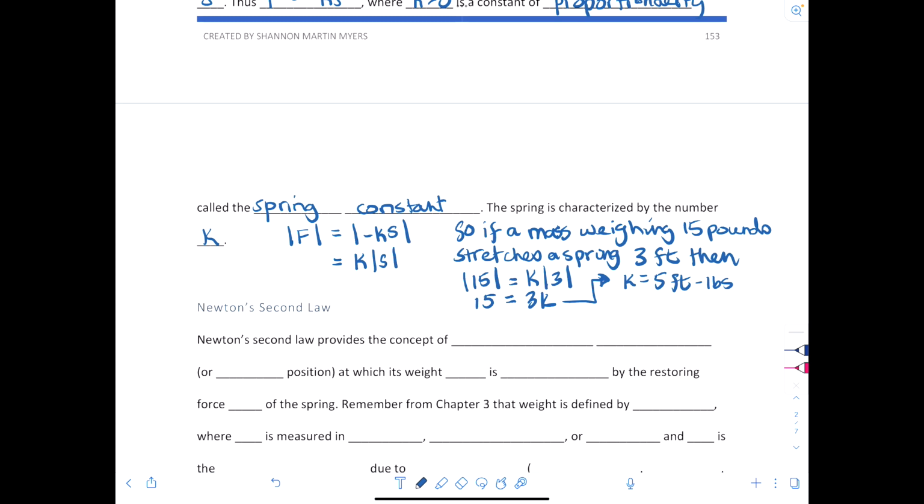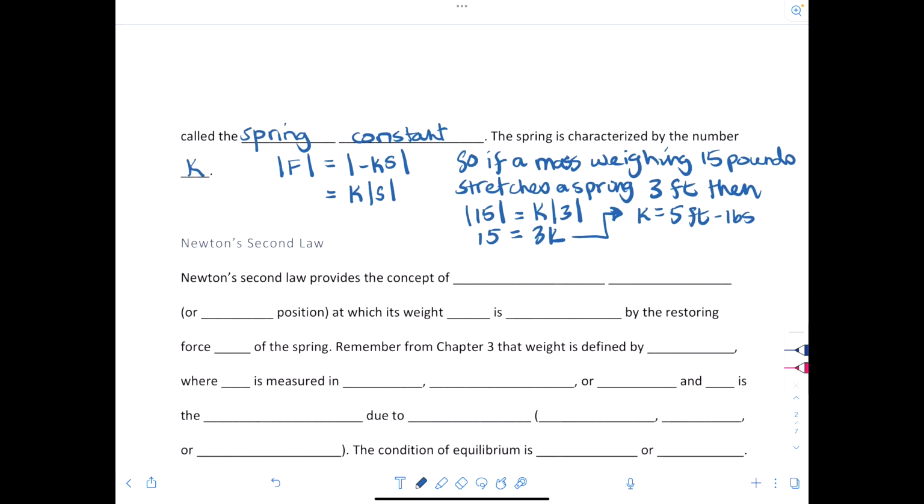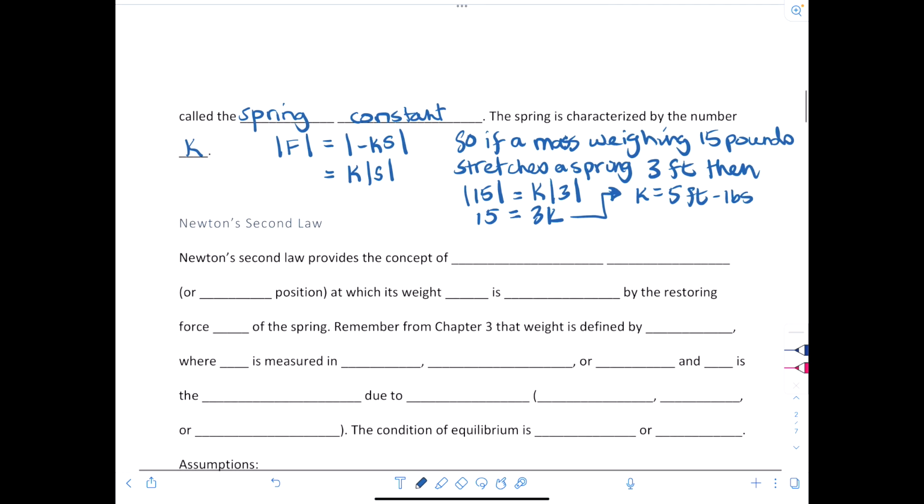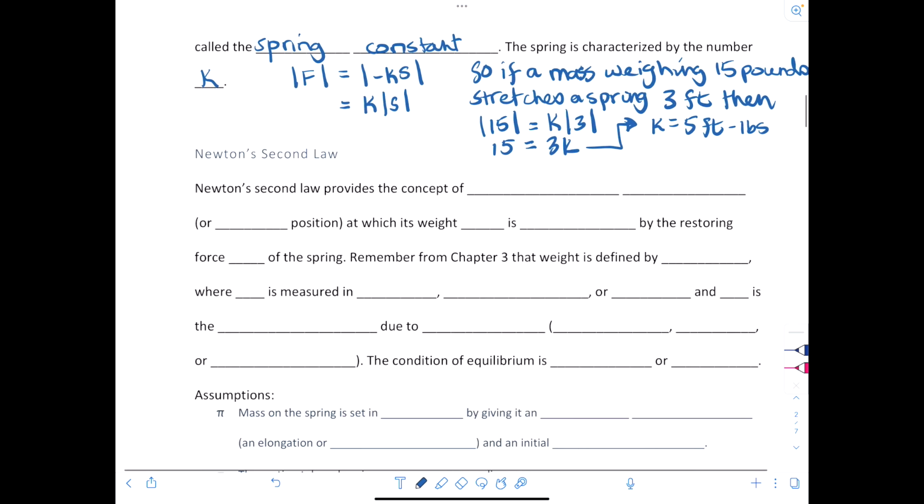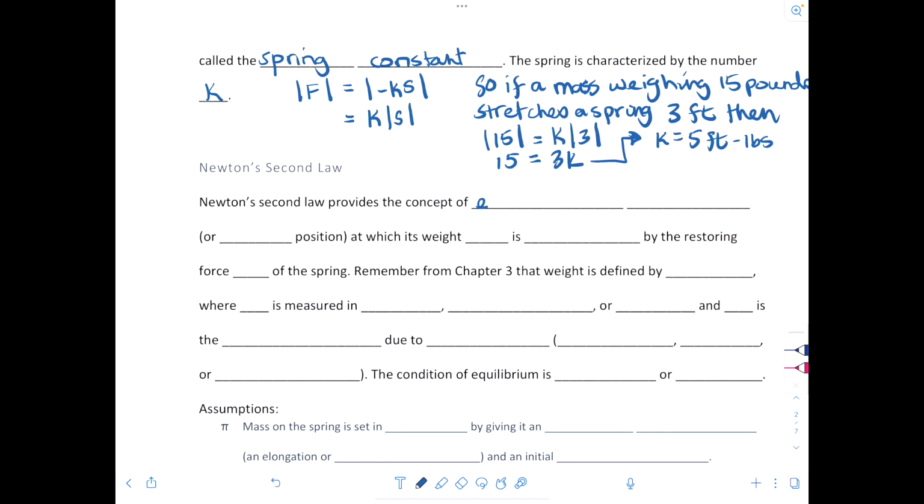Okay, so Newton's second law provides the concept of equilibrium position, or rest position, at which its weight, W, is balanced by the restoring force of the spring.